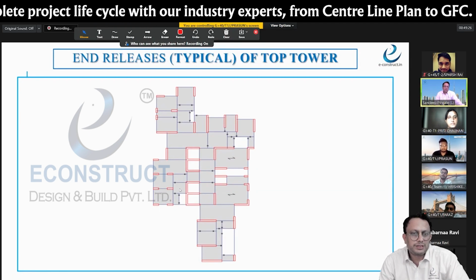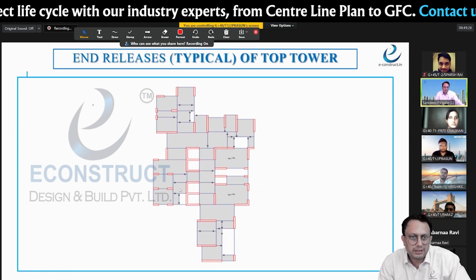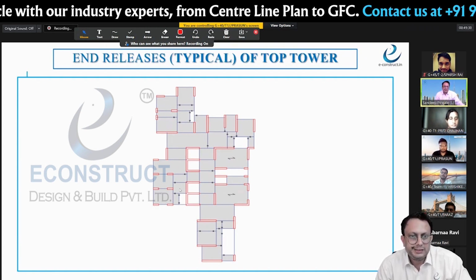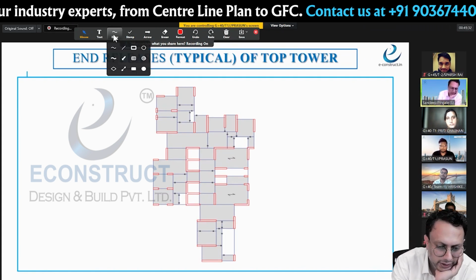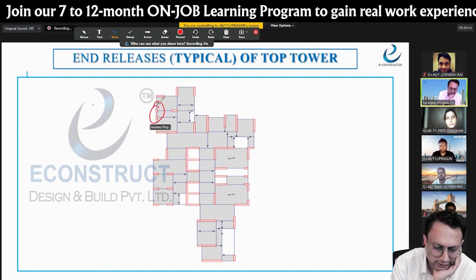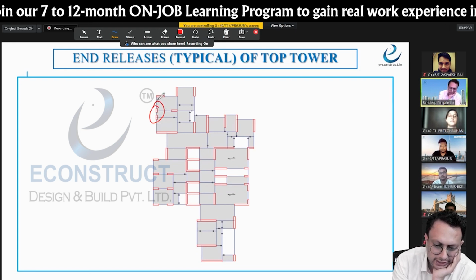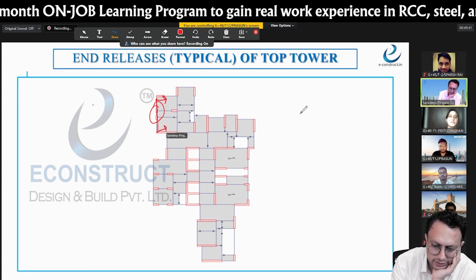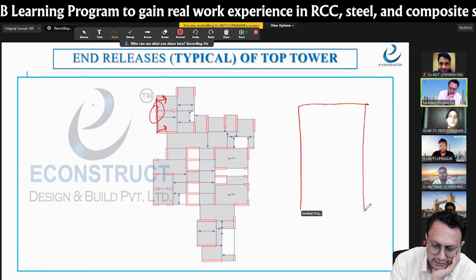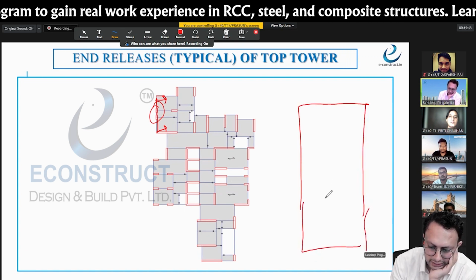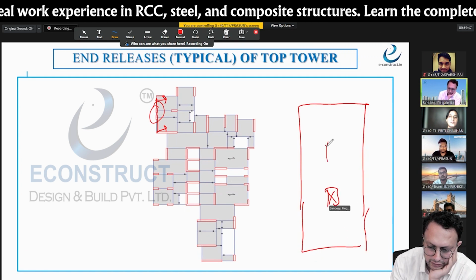Yeah, the shear walls and locations are perfect. The only thing is, just figure out if you can avoid this. Maybe I would suggest that if I take the elevation of this, I will give the entire shear wall only like this with the opening here for the windows.